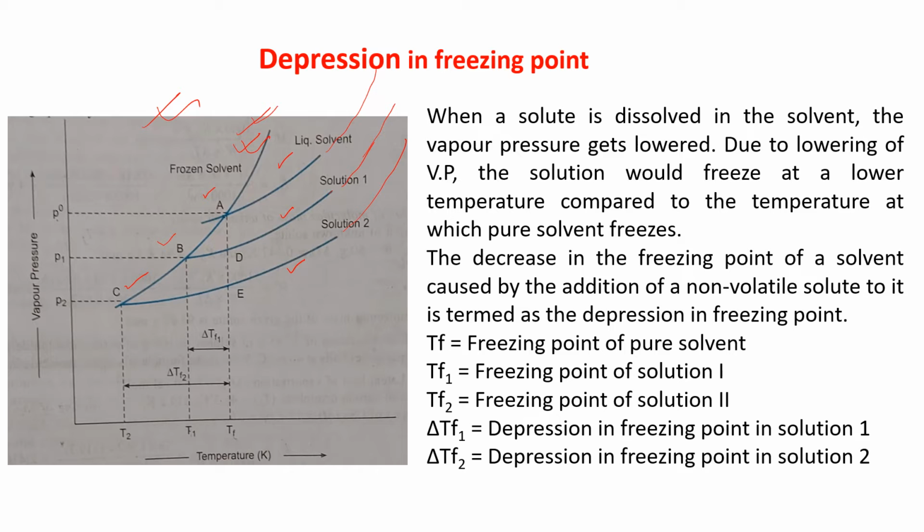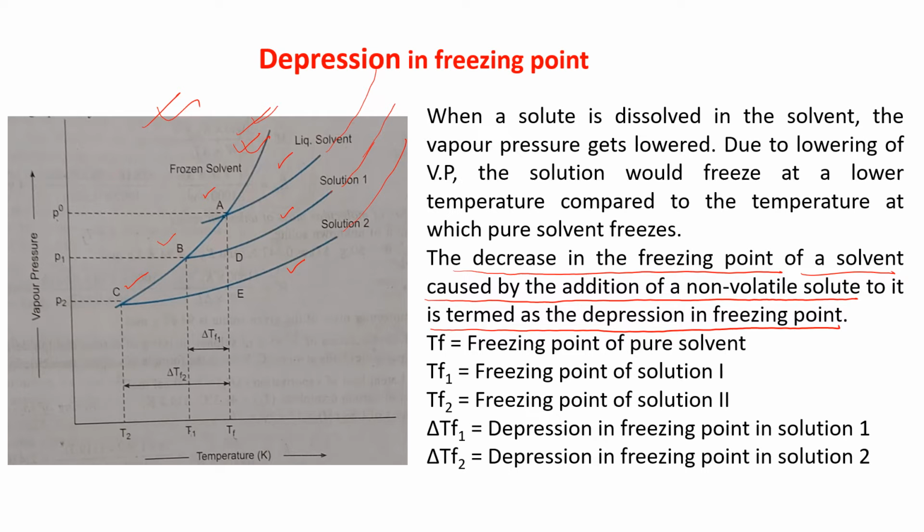Okay. So what is said: the decrease in freezing point of a solvent caused by the addition of a non-volatile solute to it is termed as depression in freezing point. Because of the addition of the solute in different concentration, the freezing point is also getting lowered.